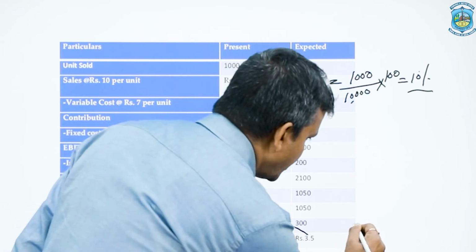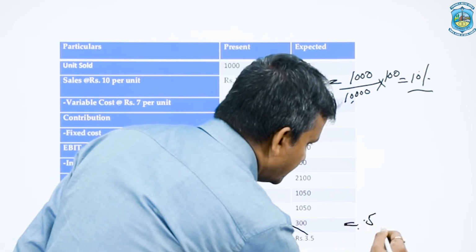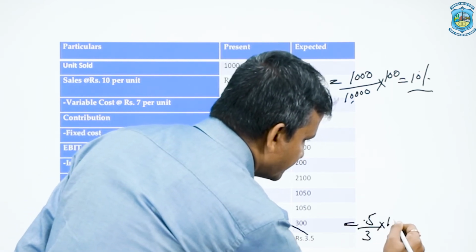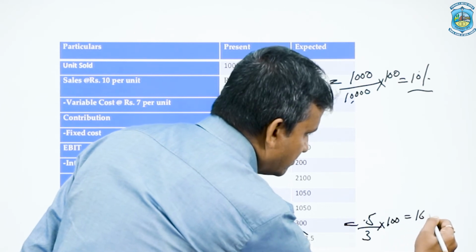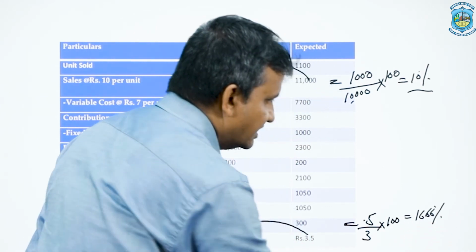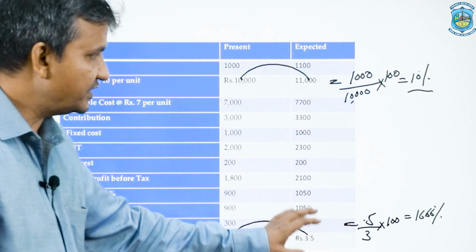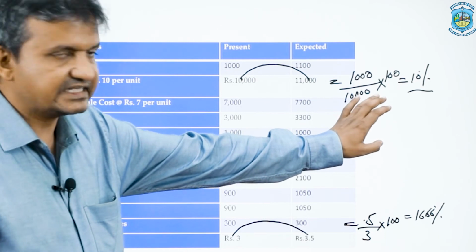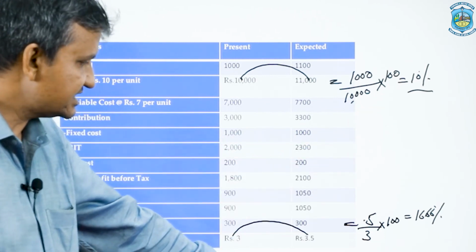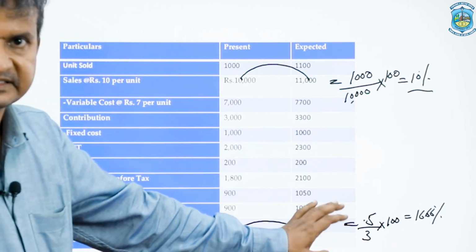The increase is 0.5, base is 3. This gives you an increase of 16.66%. So we can very well see when sales is increasing by 10%, EPS is increasing by 16.66%.